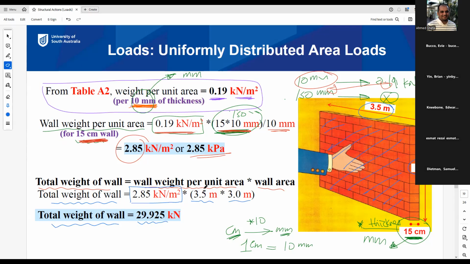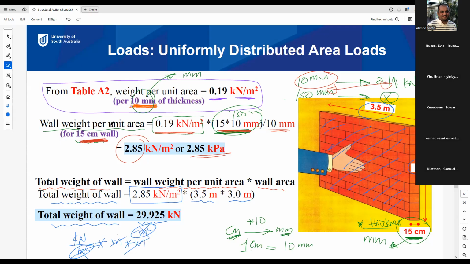How does this happen? Kilonewton per square meter times meter times meter. So meter with the meter is meter squared, and that meter squared will cancel the other meter squared, so the product will be in kilonewton.